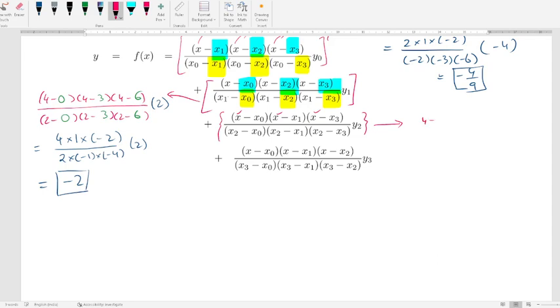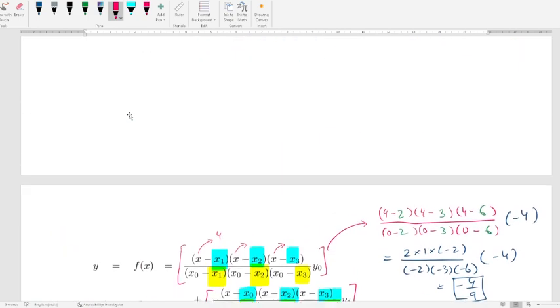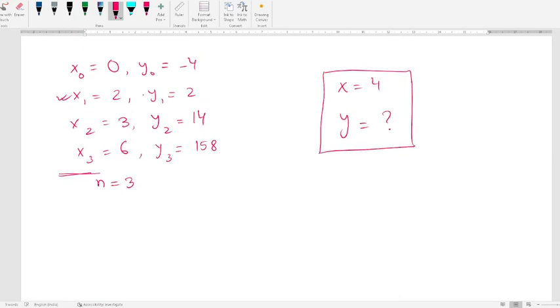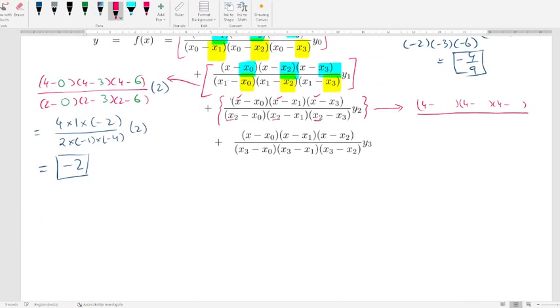So we write 4 minus something multiplied by 4 minus something multiplied by 4 minus something, divided by x2 minus something, x2 minus something, again x2 minus something. We need to know what x2 is. Let's recall. x2 is 3. So let's substitute this value 3 here: 3 minus something, 3 minus something, and 3 minus something.